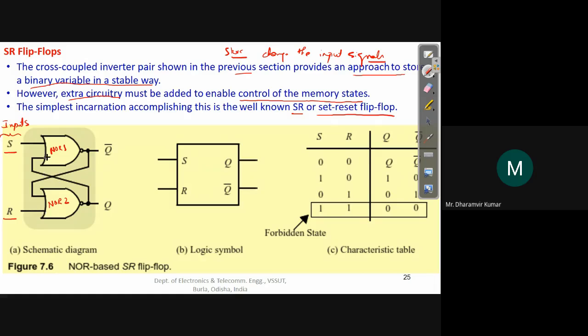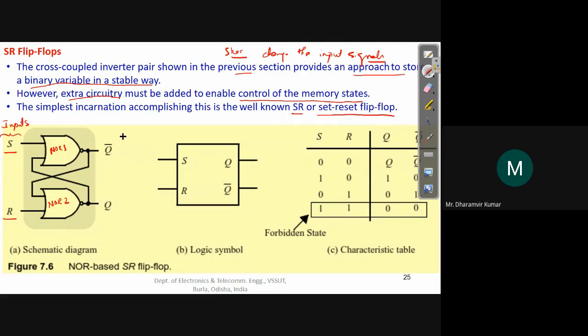We can also use other gates to build the SR flip flop. You might have seen the implementation using NAND gates also, connected in a similar fashion, having inputs and outputs.